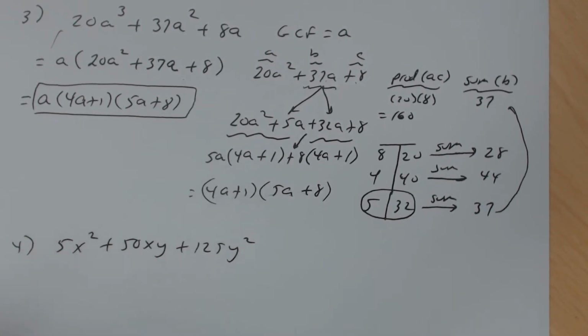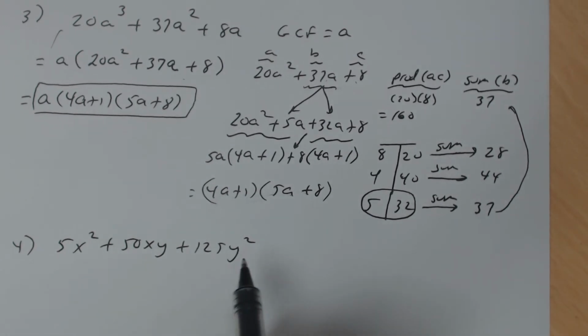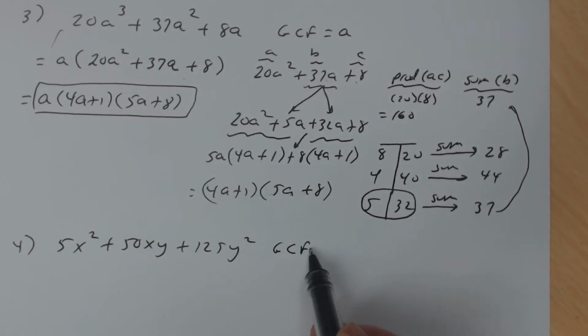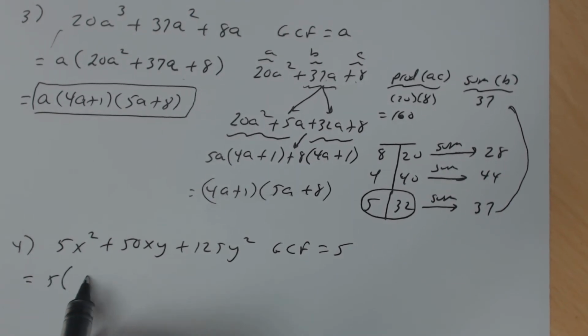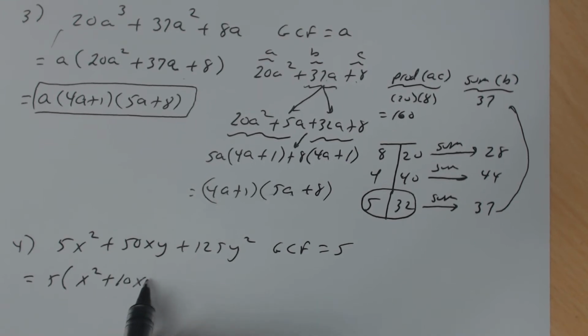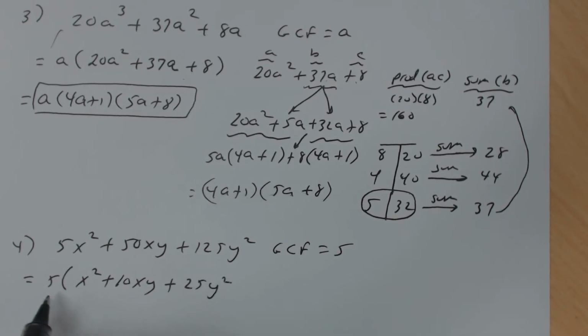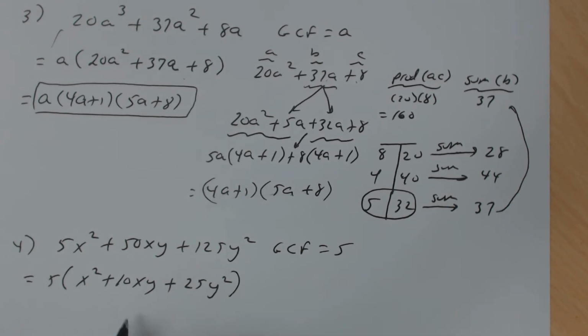But you remember, you got to look for the GCF first. So the GCF here is 5. So factor out a 5. So I get 5 times x squared plus 10xy plus 25y squared. Remember, 5 times 10xy is 50xy, and 5 times 25y squared is 125y squared.